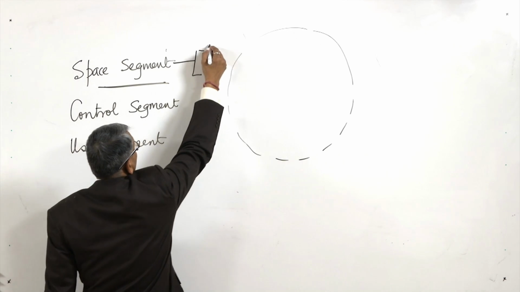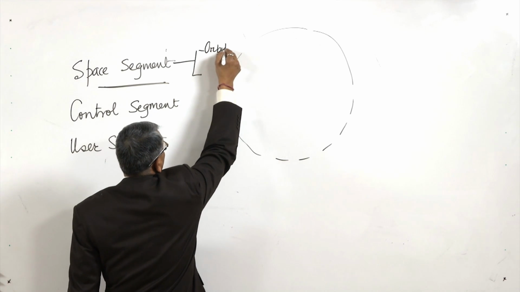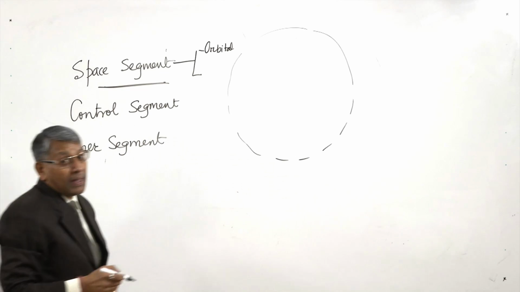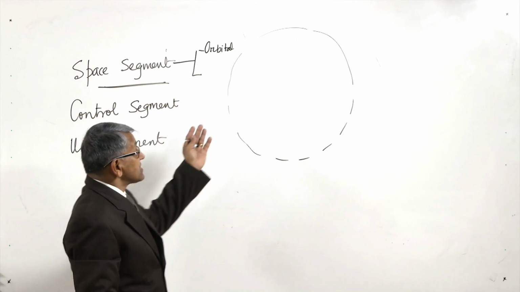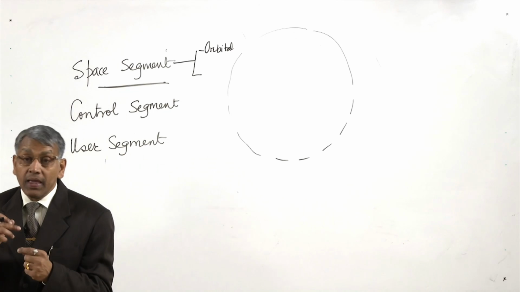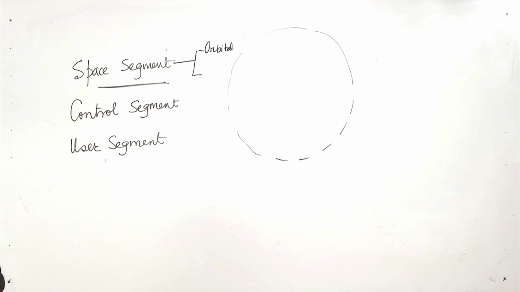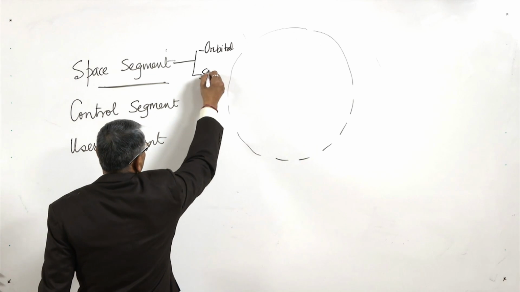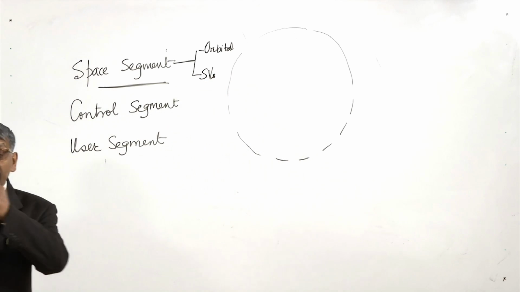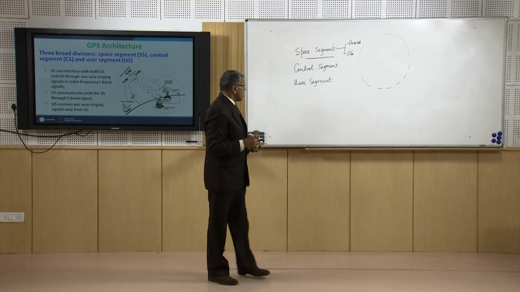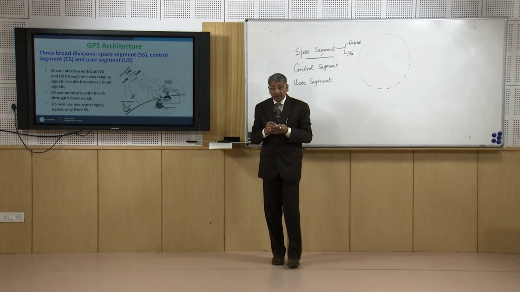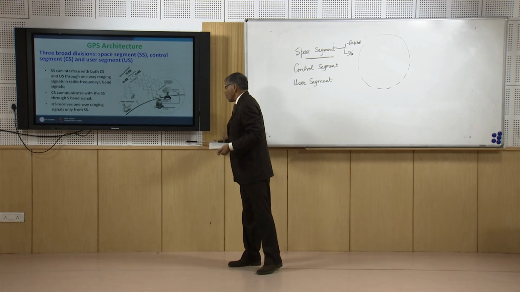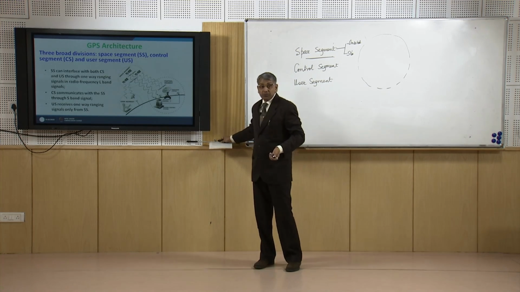One is the orbital part, that means there are certain orbits around the earth along which the satellite vehicles rotate around the earth. So the orbital part and the satellite vehicle part are the 2 parts which constitute the space segment.